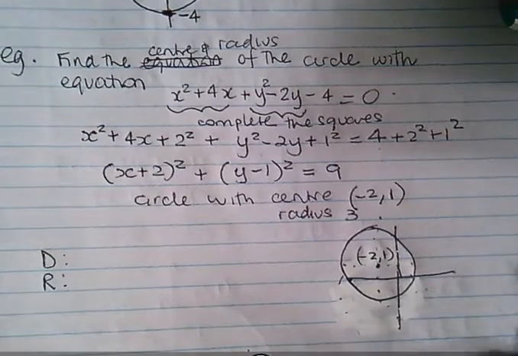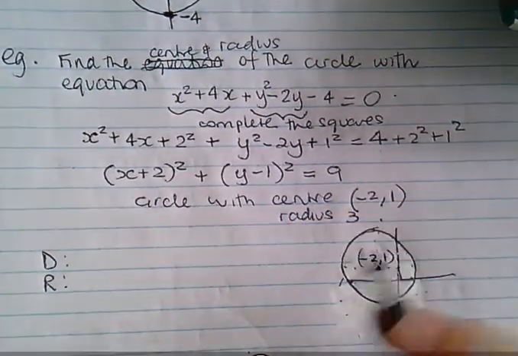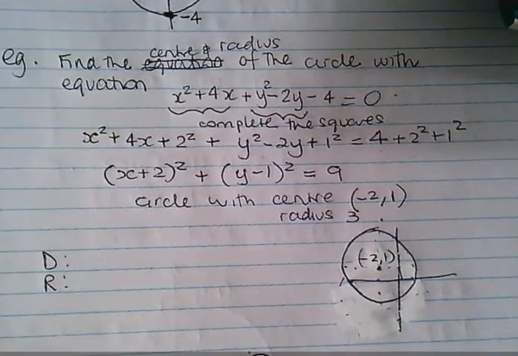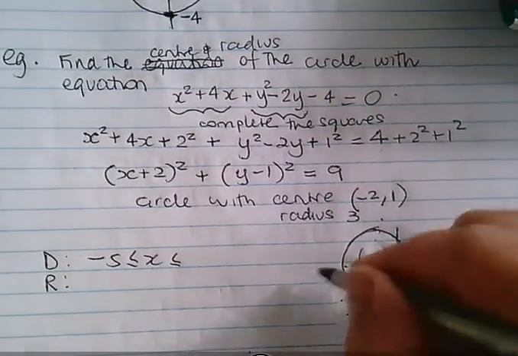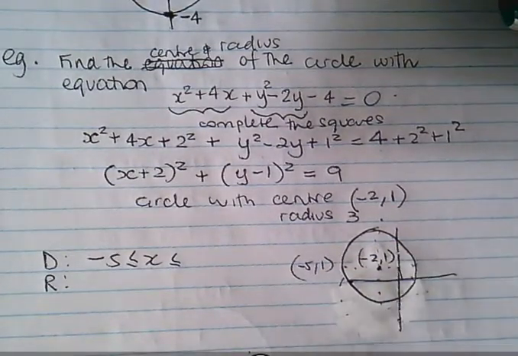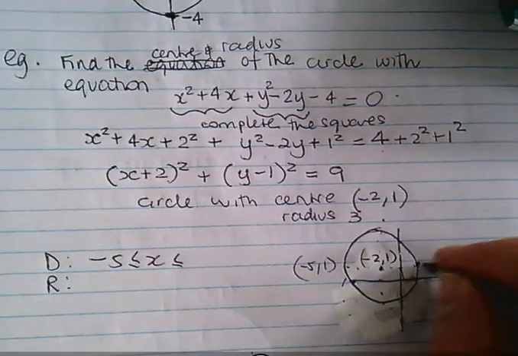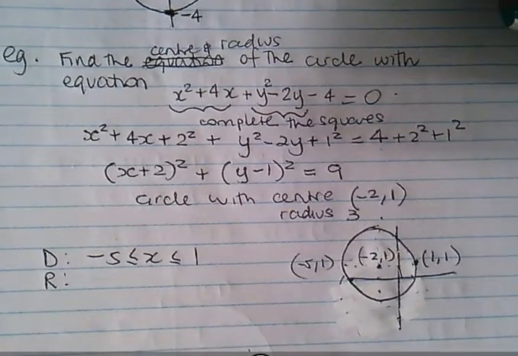Okay, just looking at the x values, -2 minus 3, what's that? -5 is less than or equal to x, which is less than or equal to... So this would be -5, and now -2 plus 3 is positive 1. So the domain is from -5 through to 1.